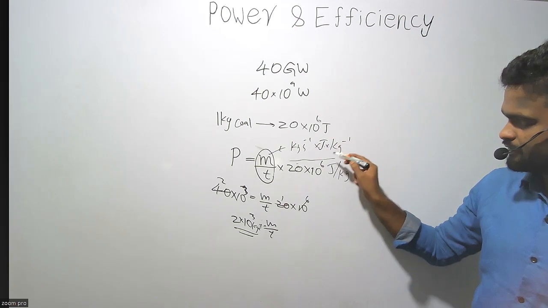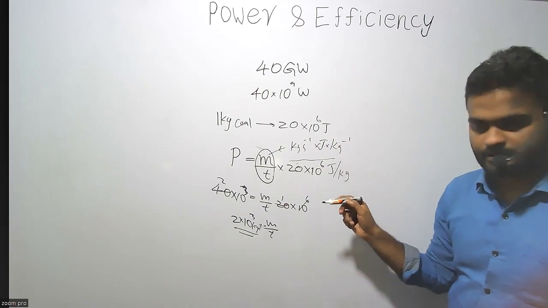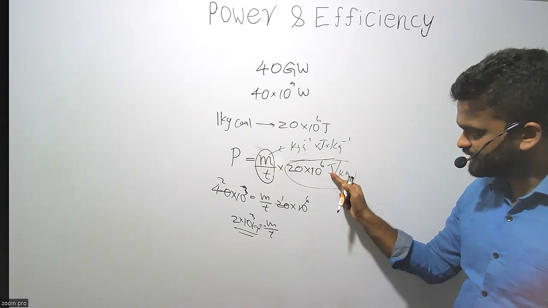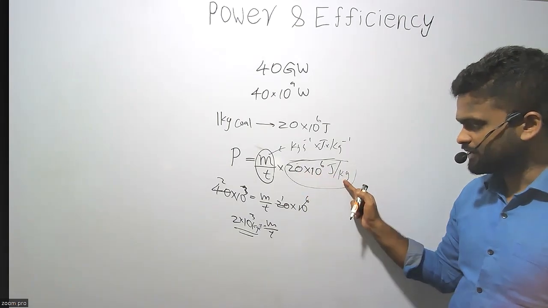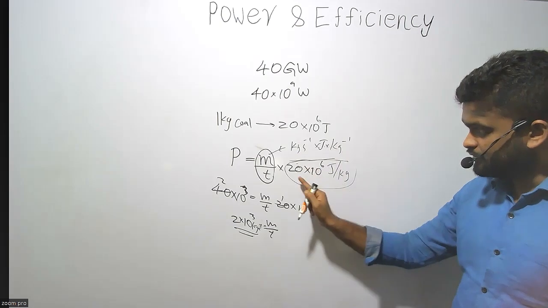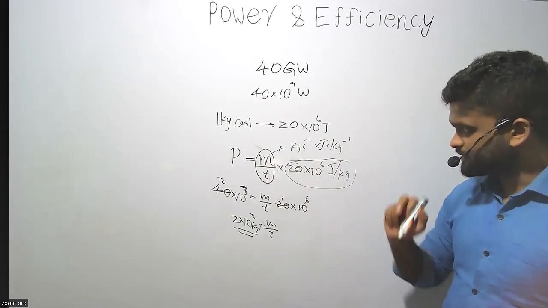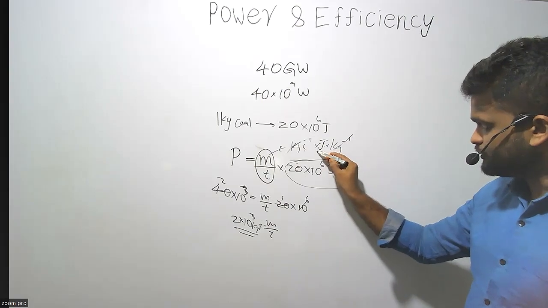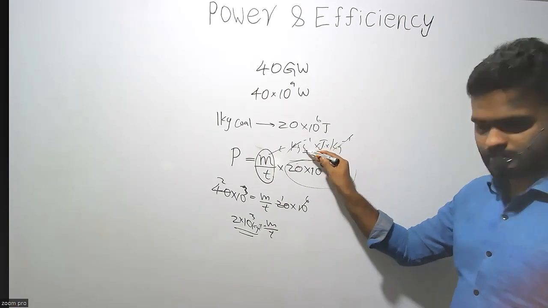If it is hard to think, you can think in terms of units. This many joules is produced per kilogram, so the unit of this should be joules per kilogram. The unit of this one is kilograms per second. Then kilogram cancels off. What do you get? Joules per second, which is watts.